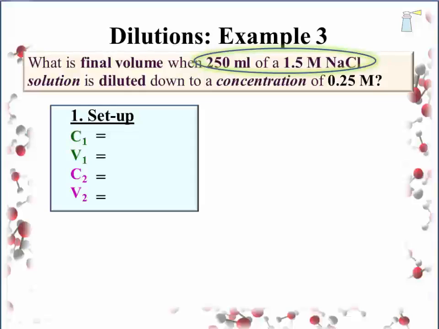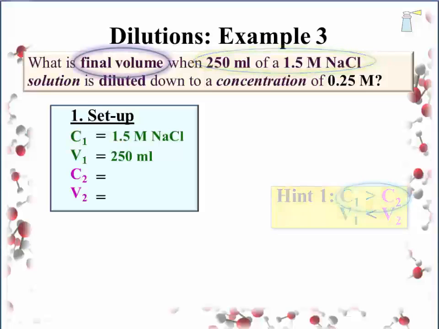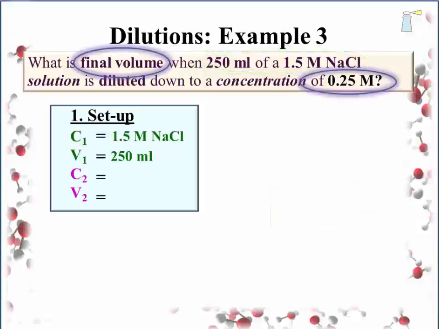Well, noting that the other concentration, 0.25 molar, is smaller than the 1.5 molar in this pair, it is safe to say that the 1.5 molar is the initial concentration. Hint number 1 says C1 is bigger than C2. This pair can be added to the setup as C1 and V1. The remaining values in the problem include the final concentration, C2 is 0.25 molar, and an unknown final volume. V2 is unknown.